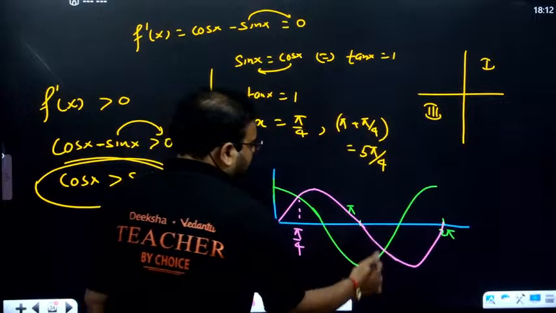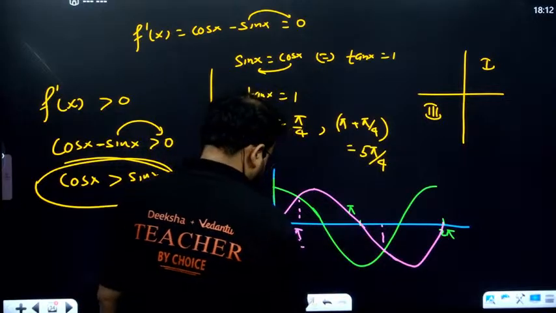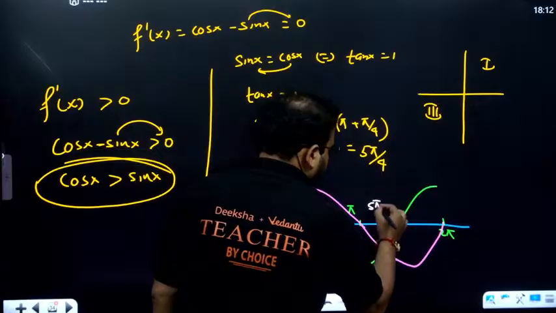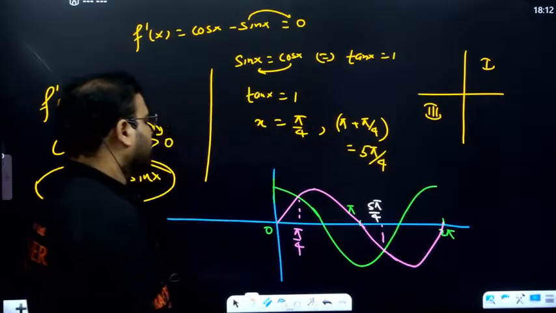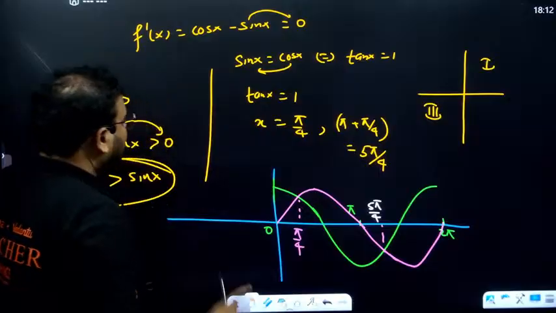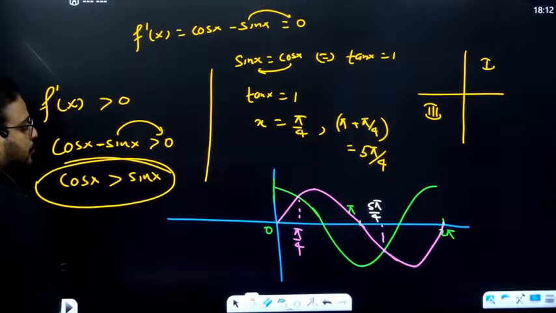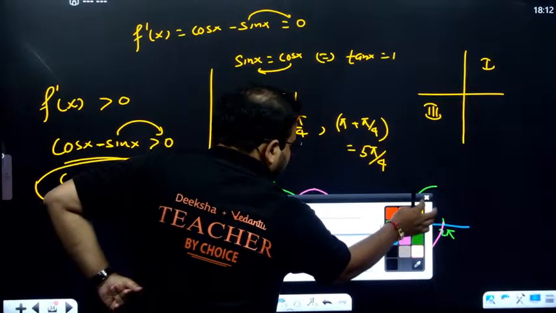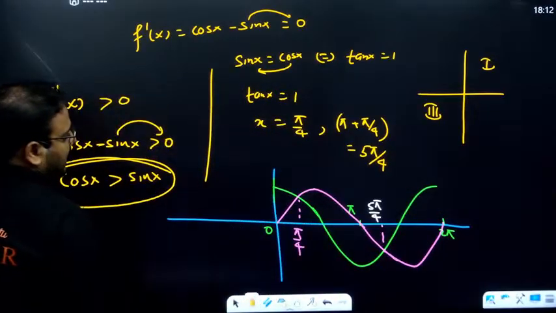The other value, after pi, is 5 pi by 4. So I want the case where cos is more than sine. I'll highlight that.